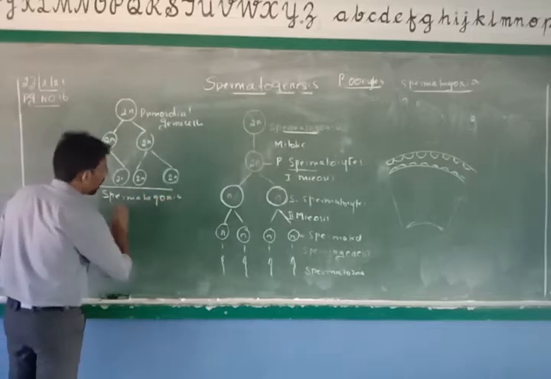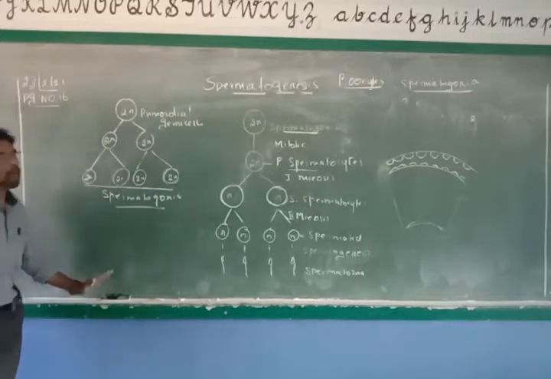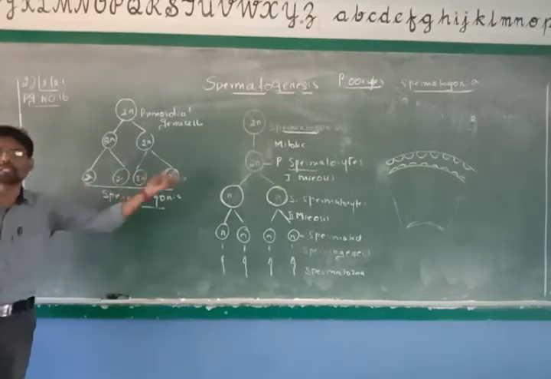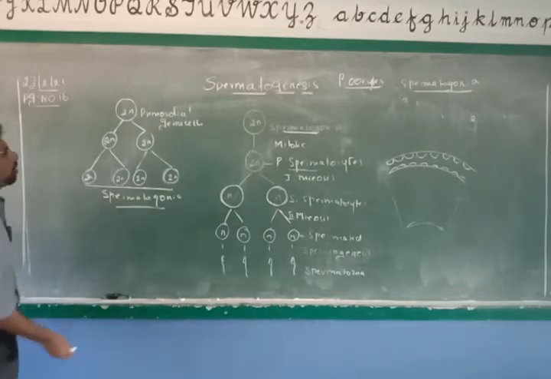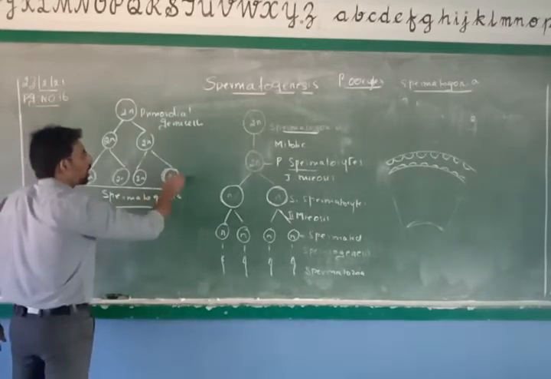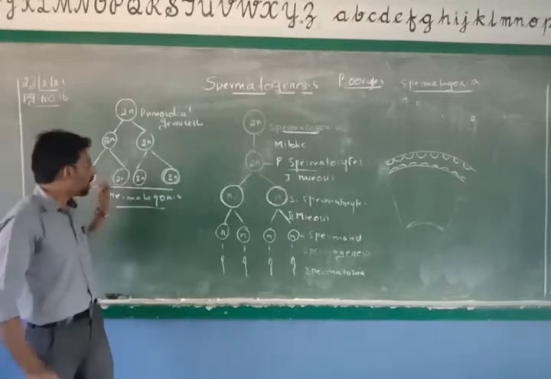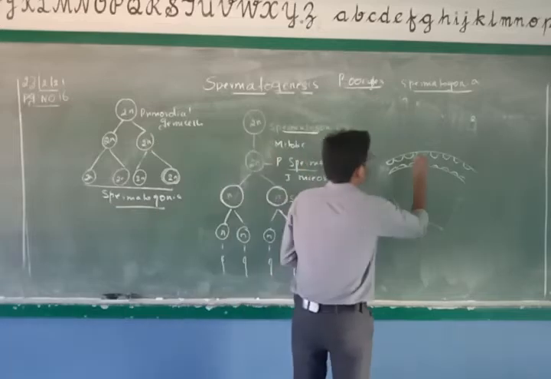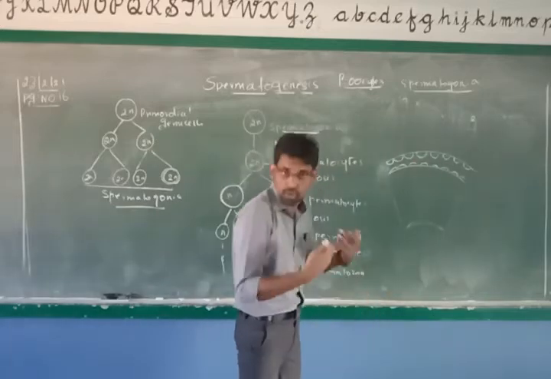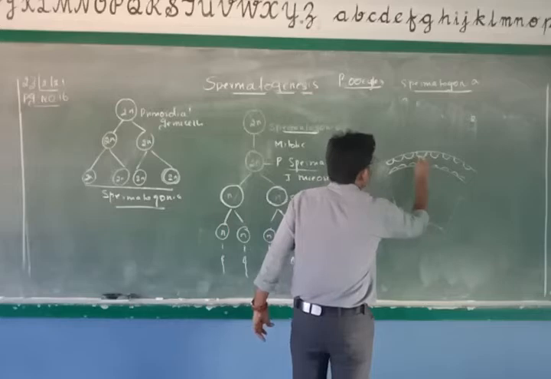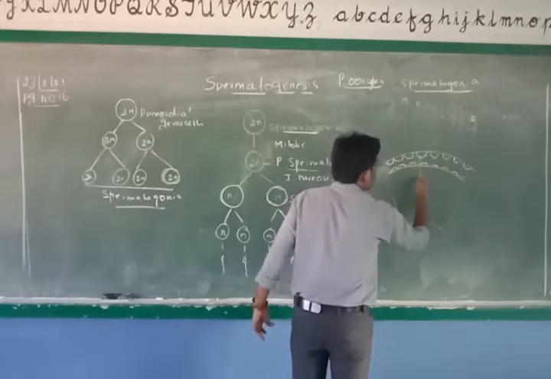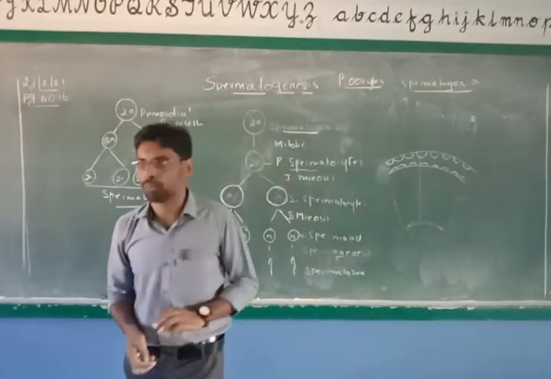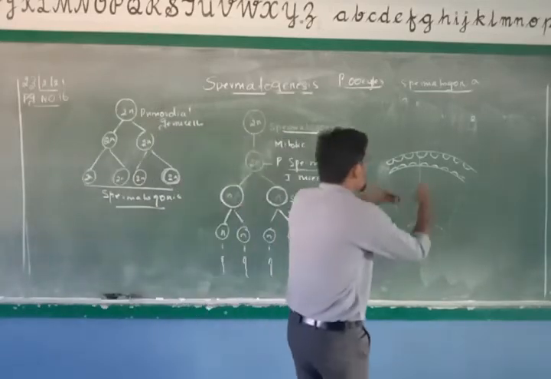Okay, now among these, only 50% will be involved in this process. I already told you why 50%, and the other 50% will be supporting it. So now we have this one cell among the spermatogonia. Now this one cell is going to become differentiated. That means it is going to mature, developing under the process, and after maturation it will enter into the central part of the seminiferous tubules.